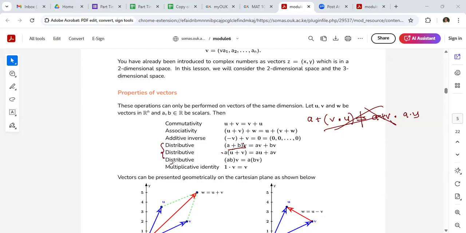Then we have, this should ideally not be distributive. This is an error. This is associativity under multiplication, that you can start by multiplying any two and then you multiply with the resulting element. Then again, under vector operations, you have the multiplicative identity. We always have the 1. In this case, it's a number because you're in the real space.